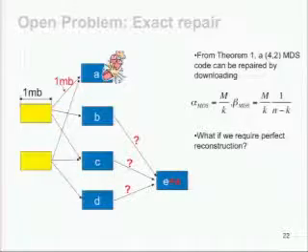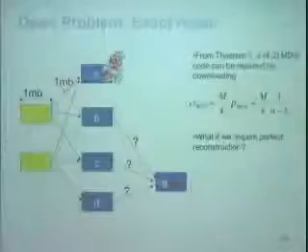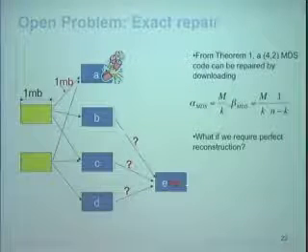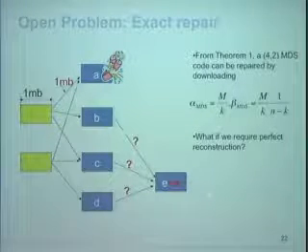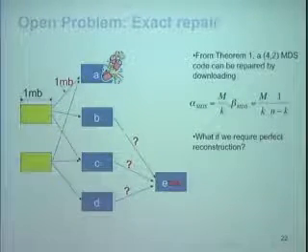So you say, okay, now I lost this guy, and here I want to create a packet that is not just any linear combination that's in general position, but I want to repair exactly what I lost. And I have these bounds that were the cut set bounds. And now I want to ask, okay, this is a strictly harder problem, can I achieve the same cut set bounds, right? This was the open problem.